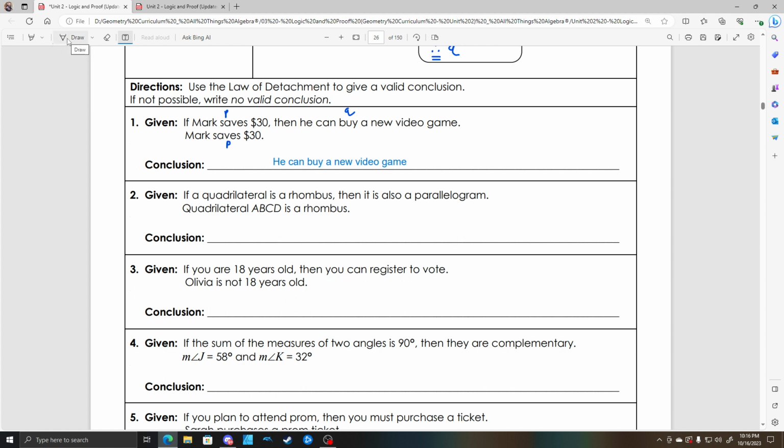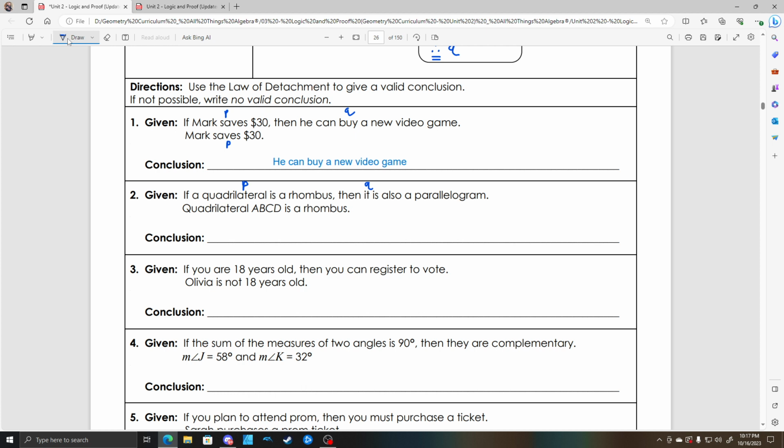If a quadrilateral is a rhombus, then it is also a parallelogram. Quadrilateral ABCD is a rhombus. So, if P, then Q, and then this is P. The first is just a general quadrilateral, and this is telling us a specific one.